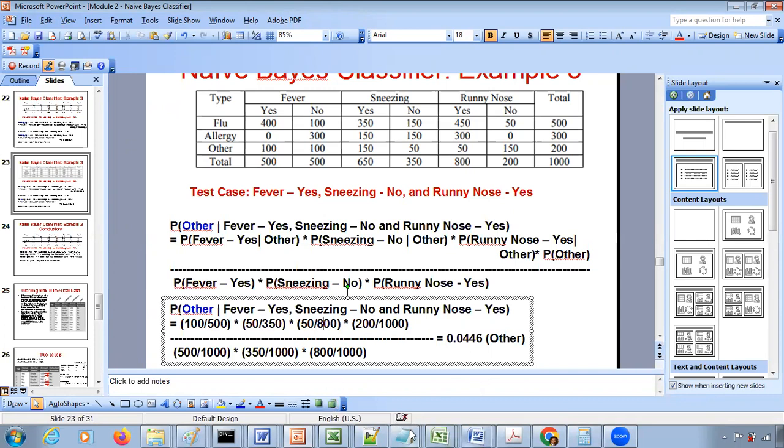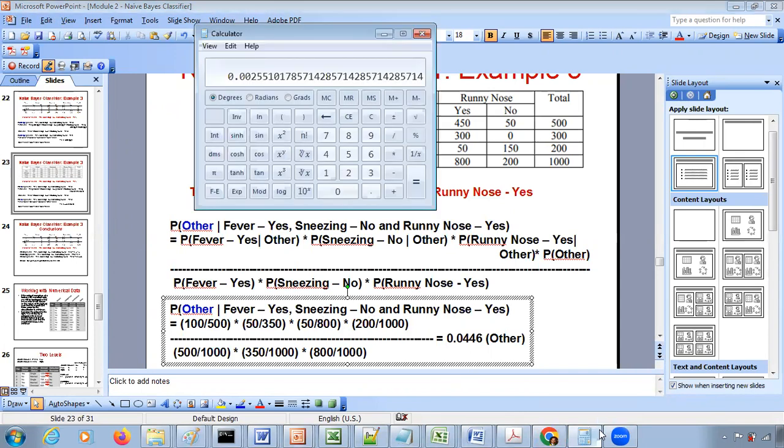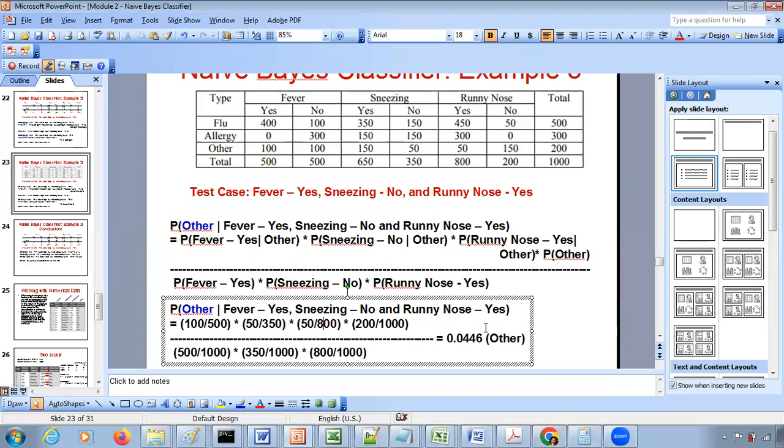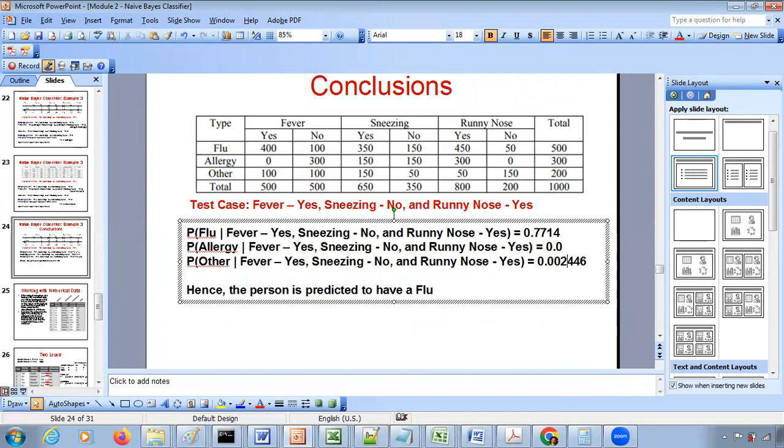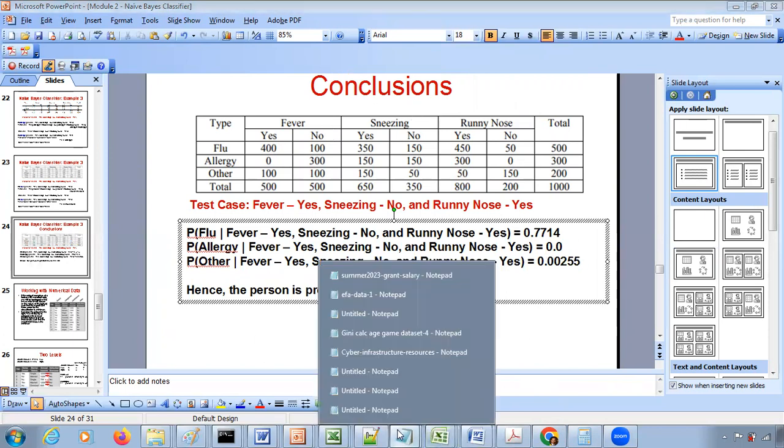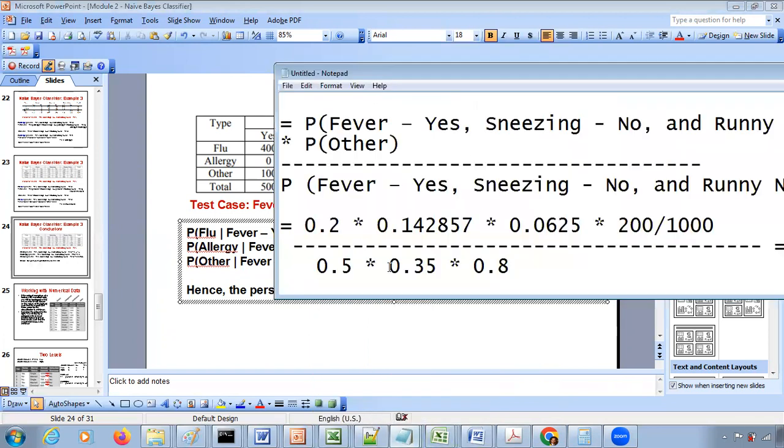Let me just cross check here: 100 over 500, times 50 over 350, times 50 over 800, times 200 over 1000, divided by 0.5, divided by 0.35, divided by 0.8. Yes, this should be 0.00255, which is the same number I got in my calculations now. Previously, I had made some mistake in the slides, so I'll update it.